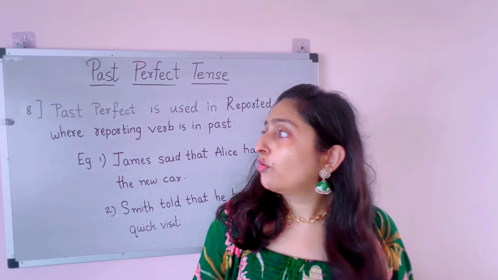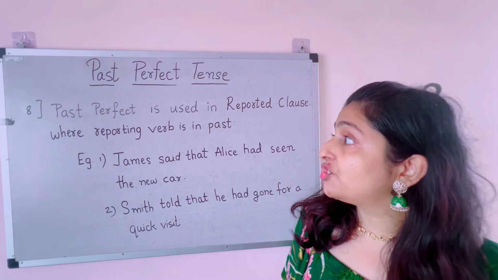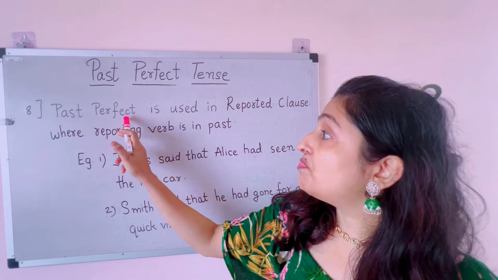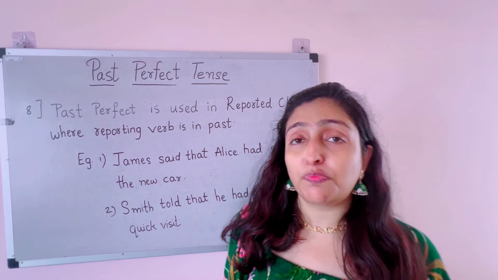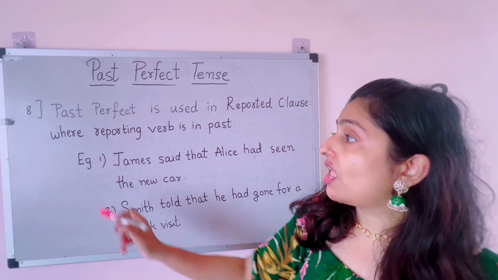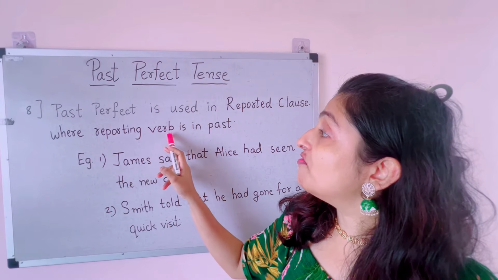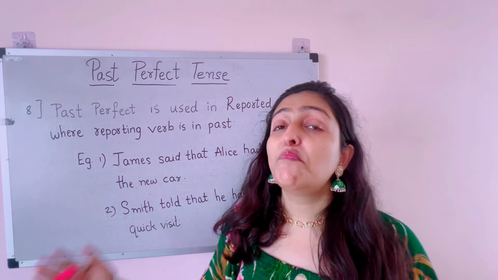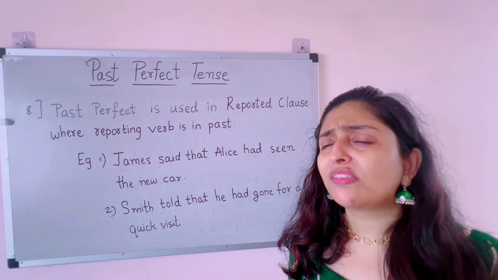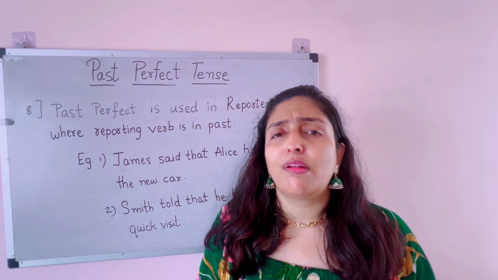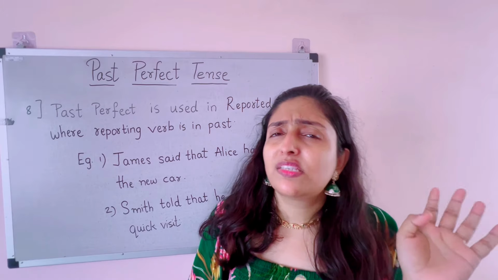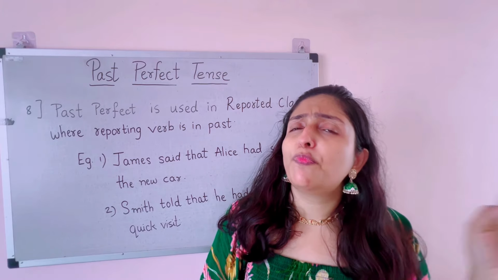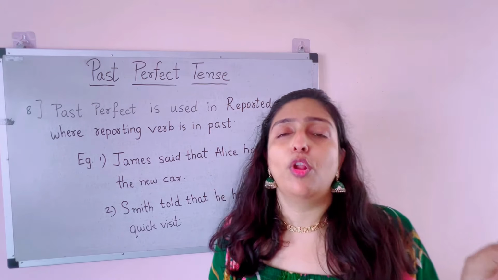So this is rule number 8, which says past perfect is used in reported speech or reported clause where the reporting verb is in past. So what is a reported speech or a reported clause? I hope you would have heard of direct speech, indirect speech, reported speech, the narrations and all.